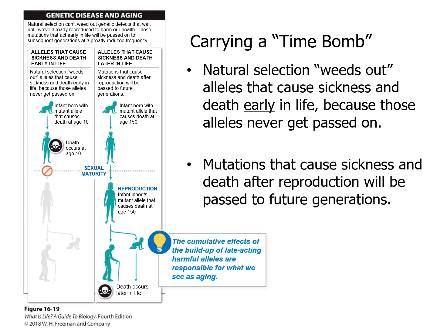So natural selection will weed out diseases that cause death before puberty, thus aging, if we see it as essentially a disease or a mutation that kills us well after puberty, is able to be passed on generation after generation, which is kind of a wild way of thinking about it.